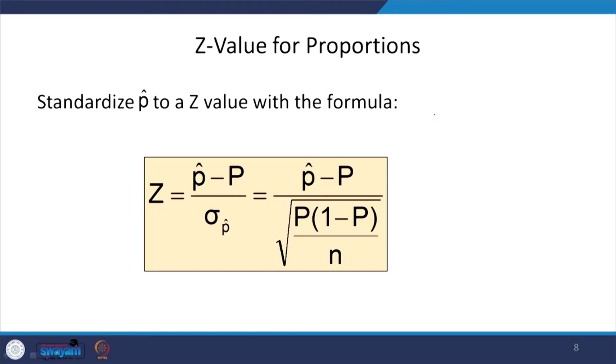The z value for the proportion is p hat minus capital P divided by sigma p. We know that sigma p is the root of P into 1 minus P divided by n. Here capital P represents the population proportion and small p hat represents the sample proportion.